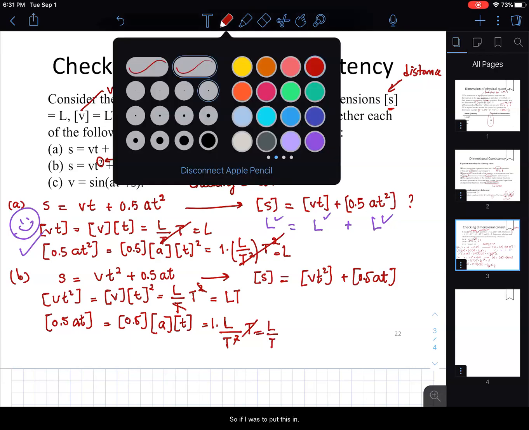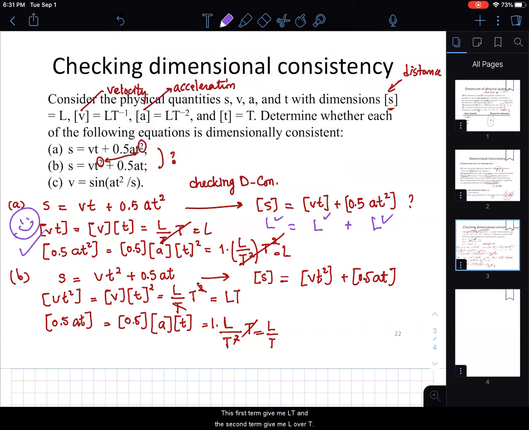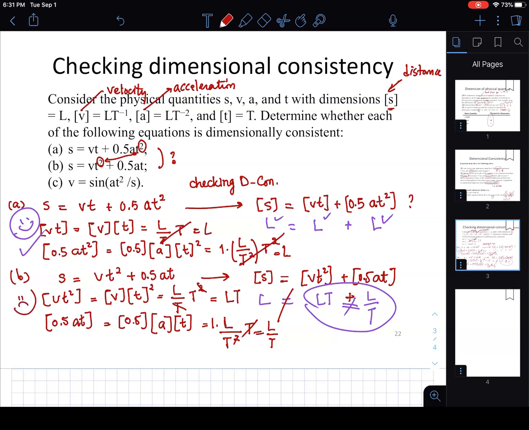So the first term gives me LT, and the second term gives me L over T. They are not the same, so you cannot add apples and oranges. And the left side has length, and you cannot equate apples and oranges either. So this addition is no good, and this equal sign is no good. This is not dimensionally consistent.